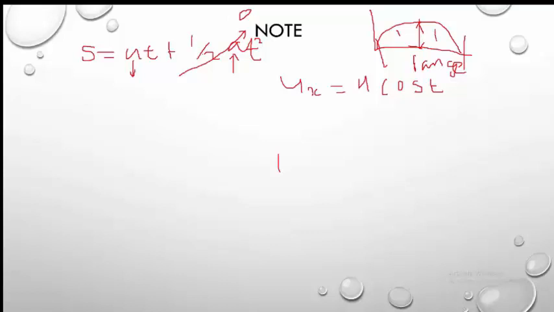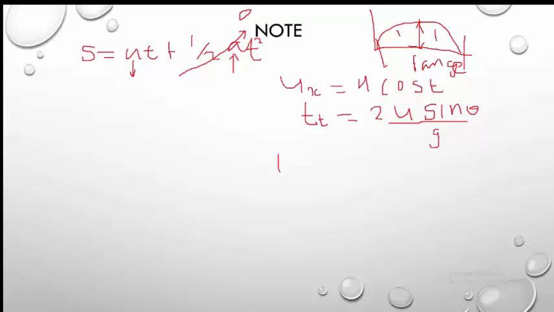That is my total time, tt, which will be equal to 2u sin theta over g. Just bring these two equations together, then you get your range.